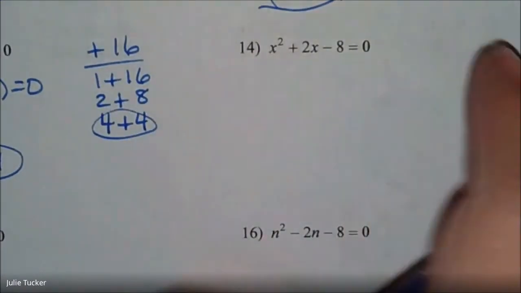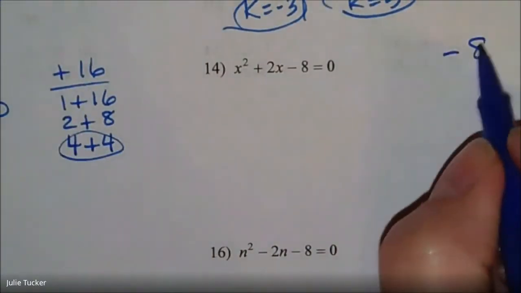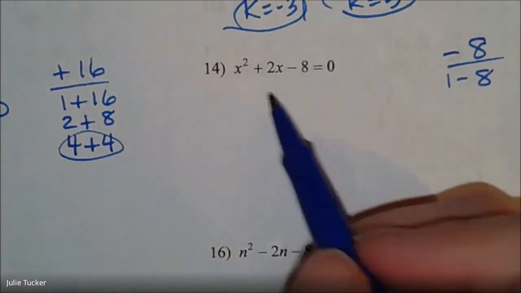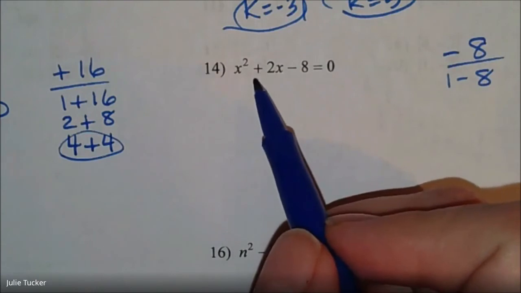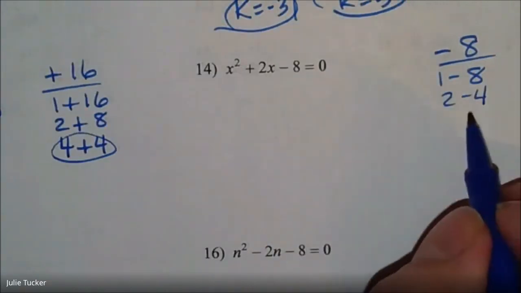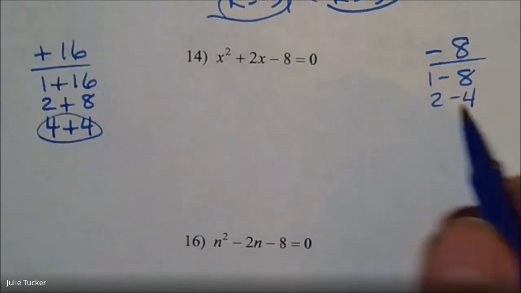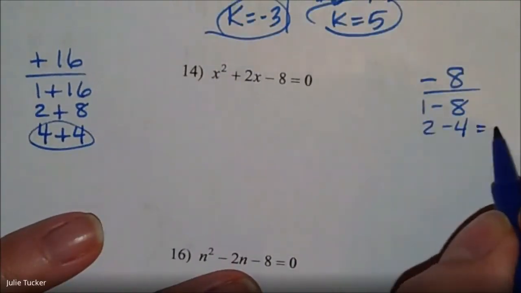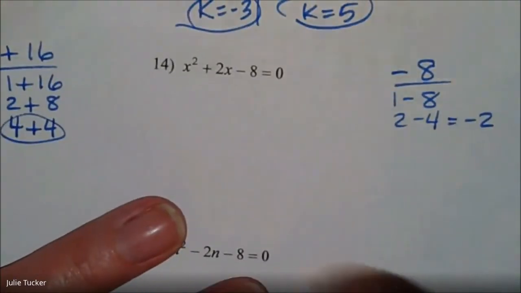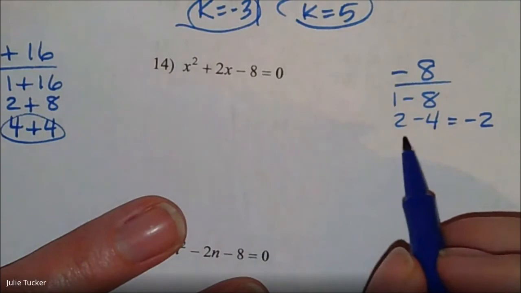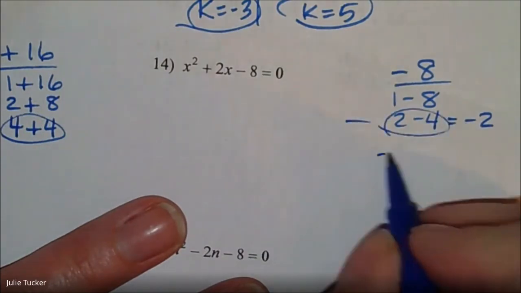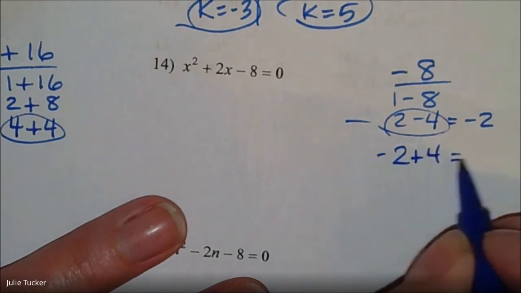And then this one is -8. 1 minus 8 would be -7, and that's not right. It needs to be 2. 2 minus 4 would give us -2, so that's not quite what we want. We want +2. Well, if I switch these signs and make them negative, like this, -2 plus 4, won't that be +2?